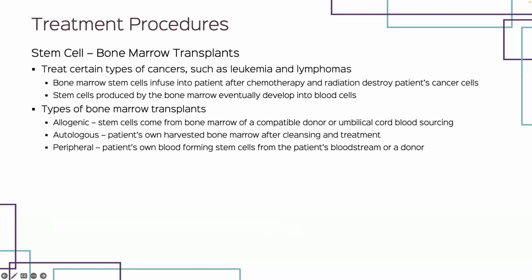Autologous means that it comes from your own person after it gets cleansed, and then they make sure that none of the cancerous cells are there, and then they'll retransplant that back into you. And then peripheral is the patient's own blood forming stem cells from a patient's bloodstream or a donor.